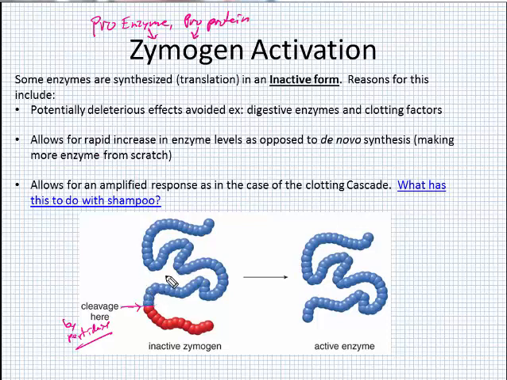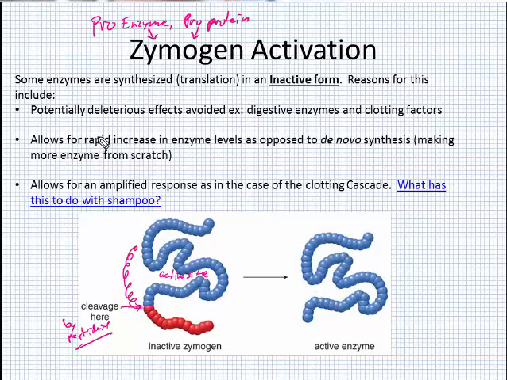Maybe here is the active site, right? So the substrate needs to bind in here. Well, maybe this tail here actually can go the other way, and it blocks that active site. Once you cleave, that falls away and reveals the active site. So that's one way in which an enzyme can be formed in an inactive form. The reaction occurs, and now the active site's open.